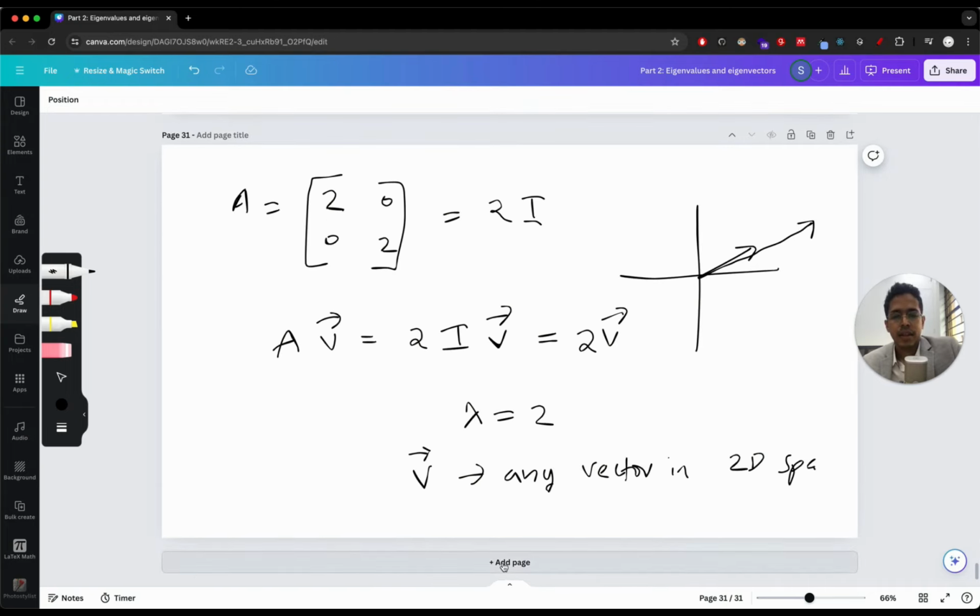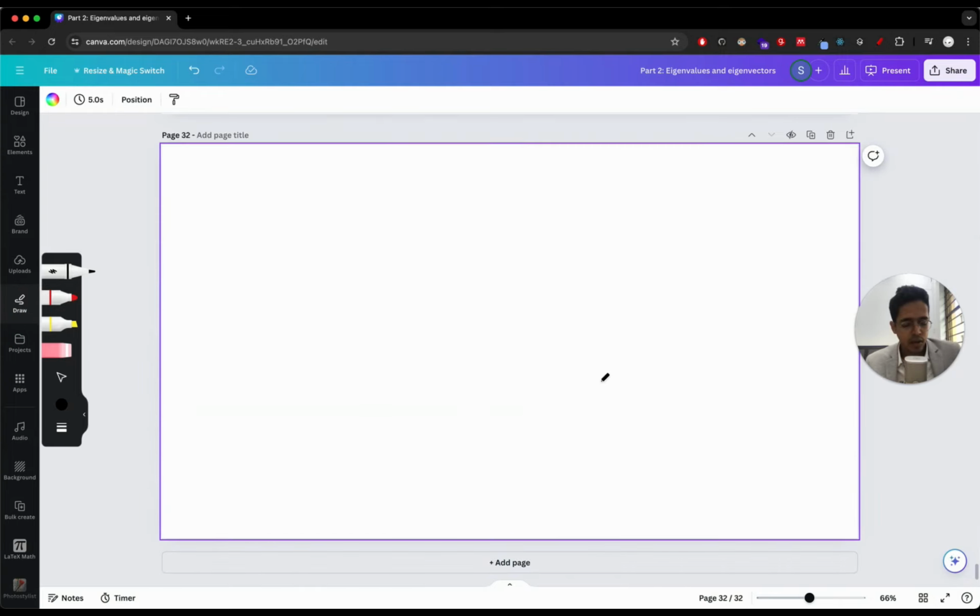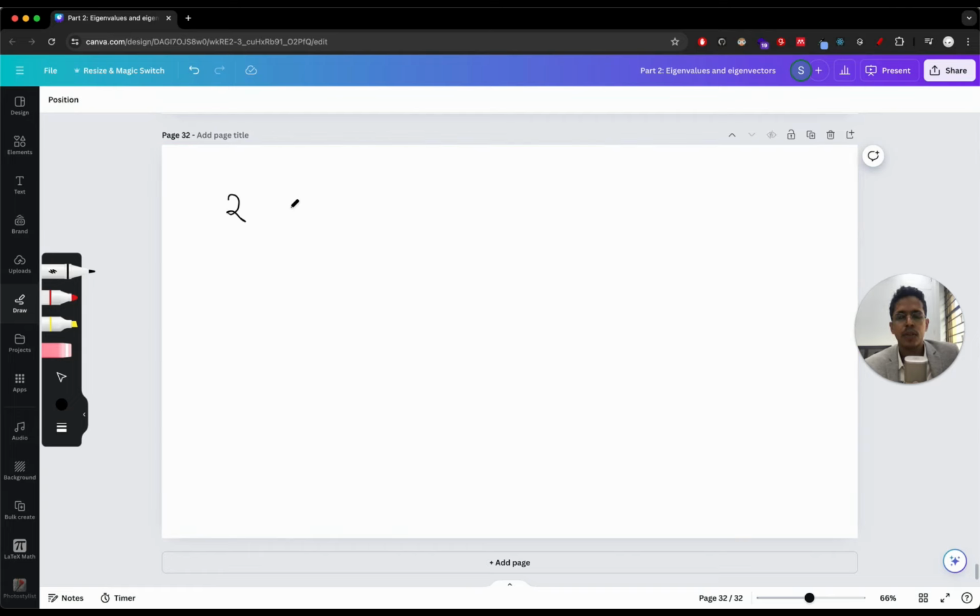Let's look at another case, right? How about something like this? Let's say matrix 2. Let's look at the rotation transformation.